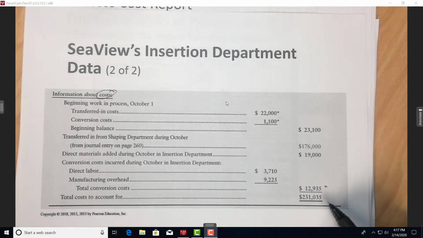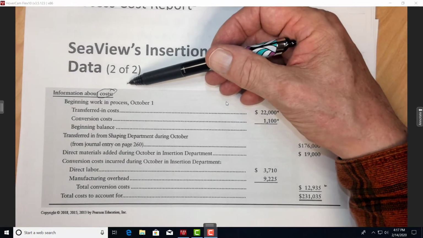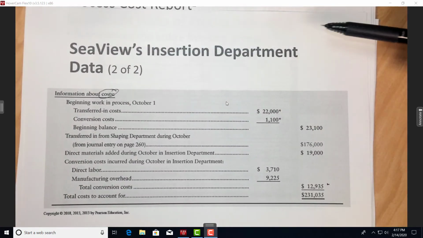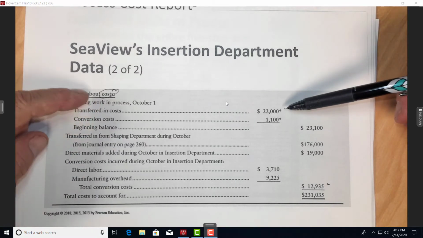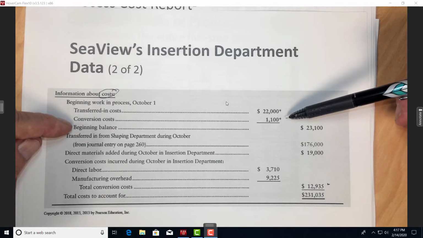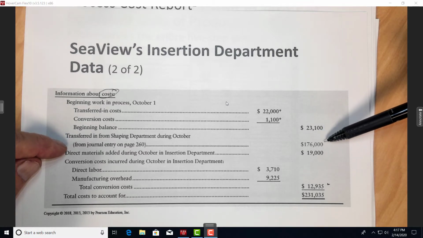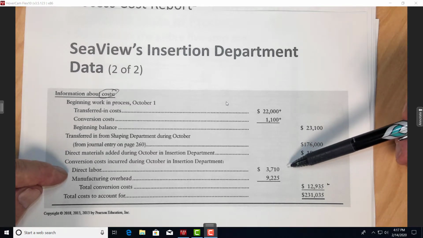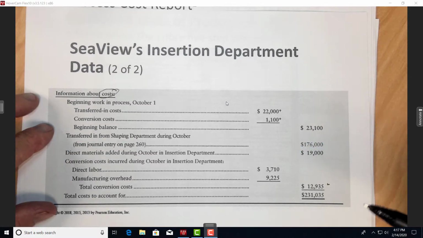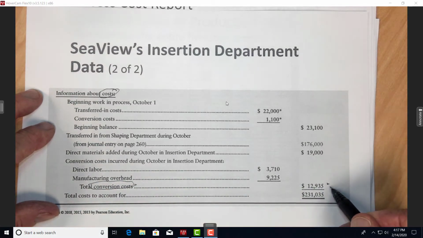Let me begin again and say that we're dealing with the conversion cost. The 22,000 transferred in, conversion cost of 1,100, beginning balance of 23,001, transferred from the shipping department 176,000, 19,000, then the direct labor and the manufacturing overhead, which is the conversion cost, total of 12,093.